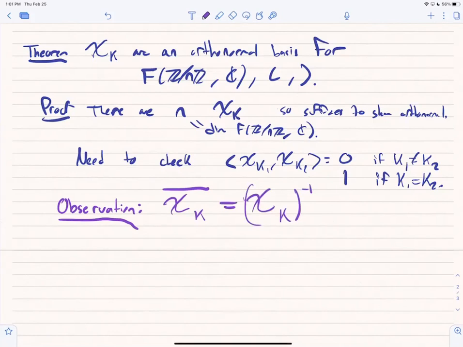This is bad notation: it does not mean the inverse function. It means take the values of chi k and take the reciprocals, which makes sense because these are non-zero. So let me write this as 1 over chi k, which is equal to chi minus k.